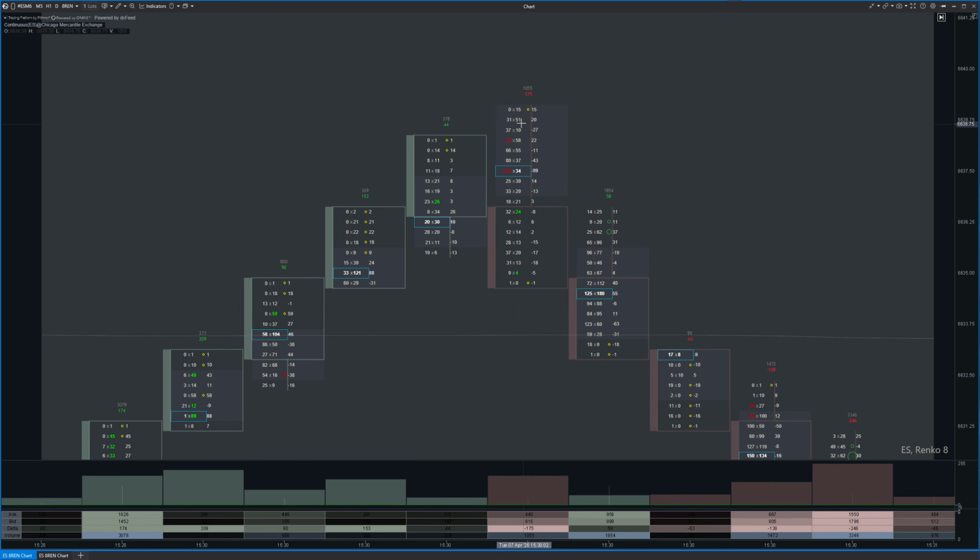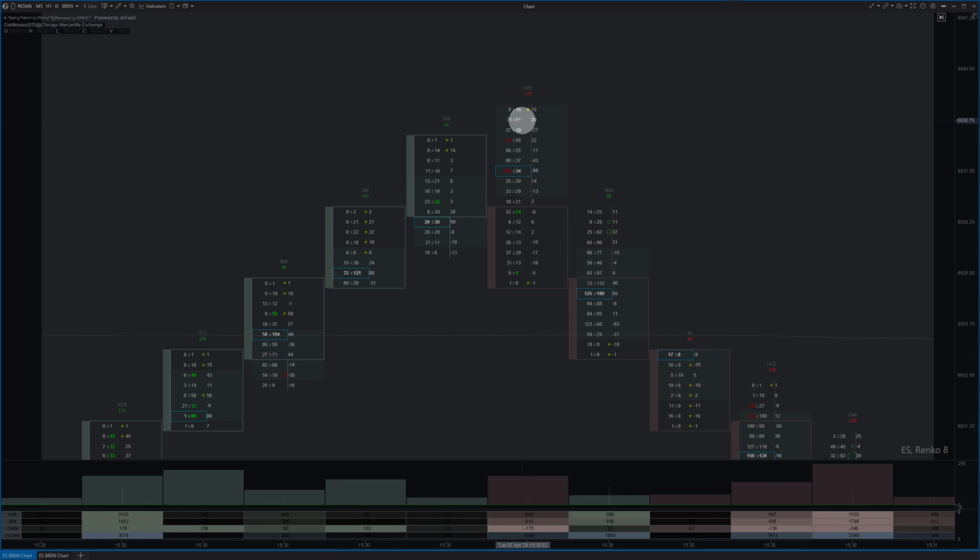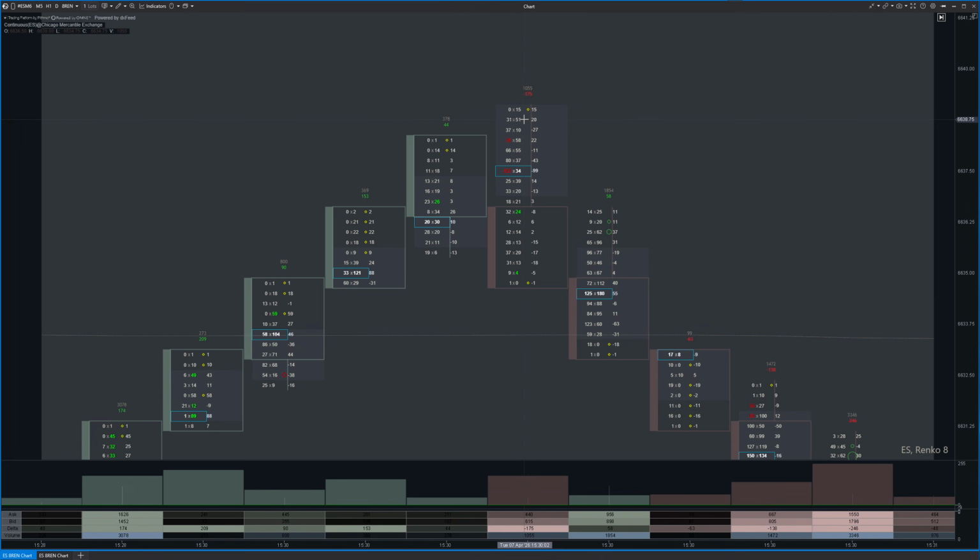I'm interested if here, for example, this is just an example, there are 51 contracts traded at the right side of the footprint and 31 on the left side. I want to know if there was perhaps a market participant who traded at least 30 contracts in one trade. Why? There are not many retail traders trading these high numbers of contracts.